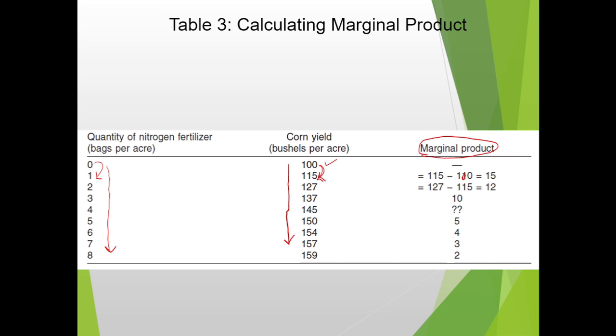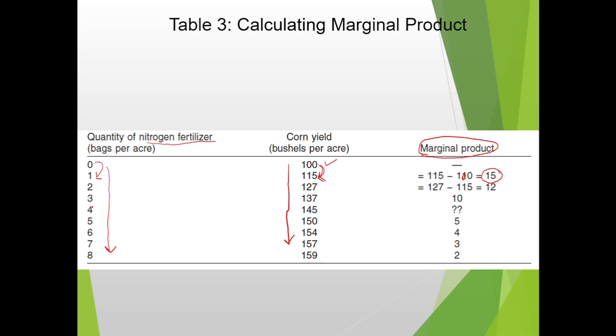So what will be the marginal product in this case? Marginal product is the increase in total production due to application of one more additional unit of input. Our input is nitrogen fertilizer. So when we go from 0 to 1, our corn yield increases from 100 to 115. If we subtract 100 from 115, we get the figure of 15. This is your marginal product, right?